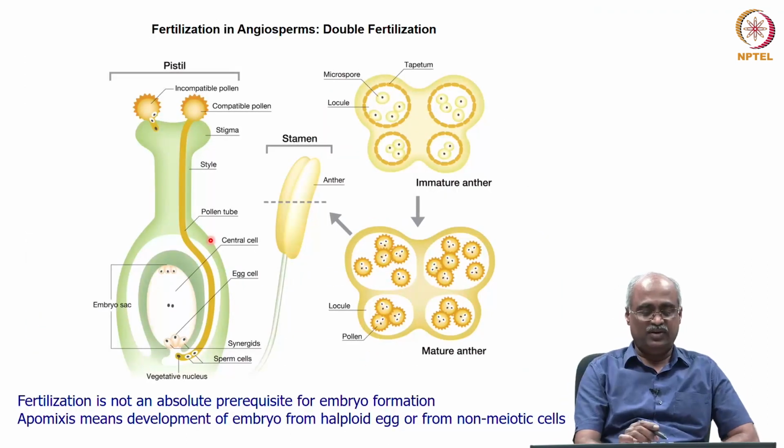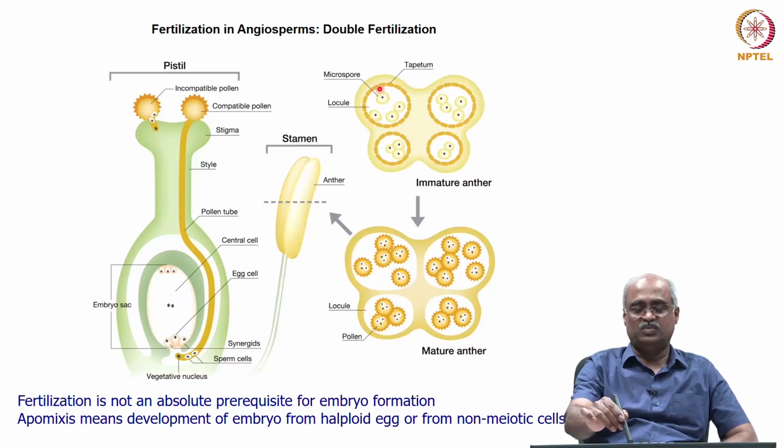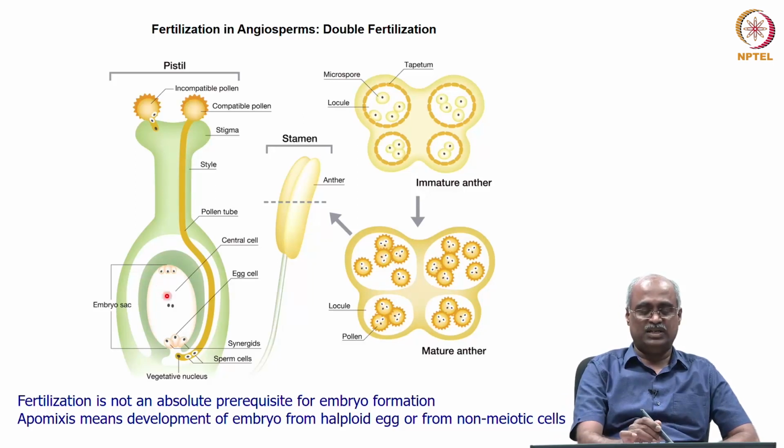Alright, so that is summarized in another cartoon. These things we have already gone through. Again, this is the microsporangium having multiple pollen grains developing. That is shown in this diagram, multiples of them, while the megasporangium generates only one.